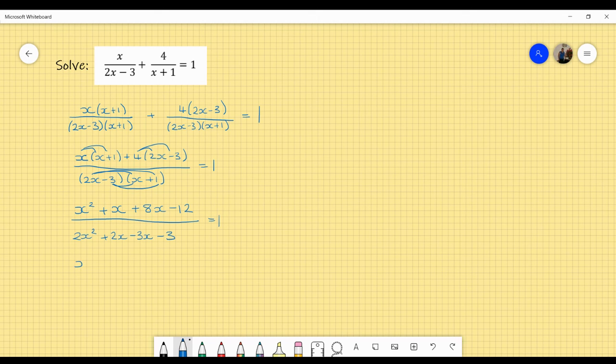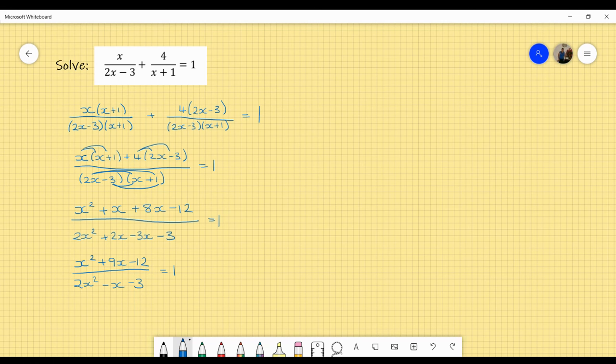So I end up with x squared plus 9x minus 12 all over 2x squared minus x minus 3 equals 1. Now I've got an equation that involves fractions.